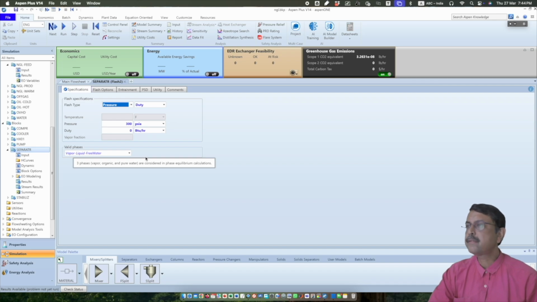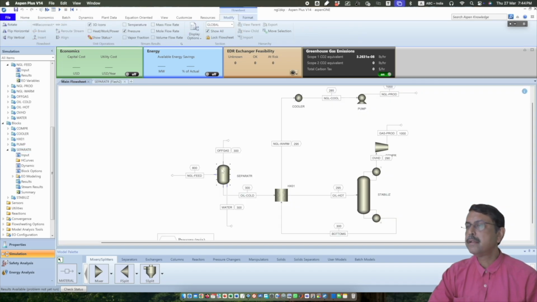So there are 3 phases, and the gas phase goes through the top. We can see the temperature and mass flow rate. The temperature is 142 degrees centigrade and the mass flow rate is 3765.